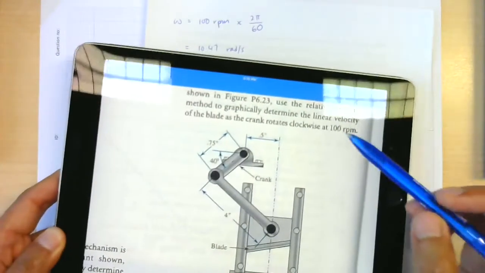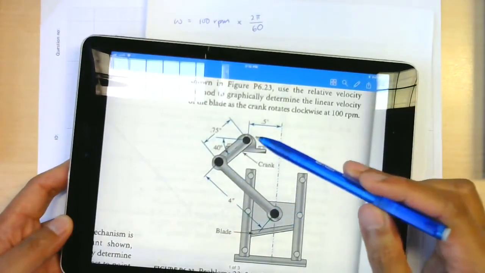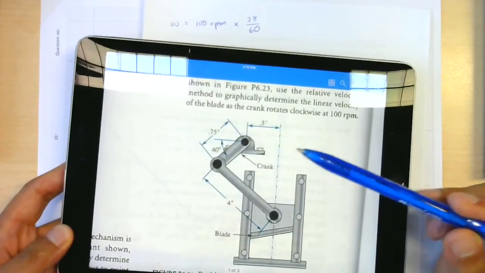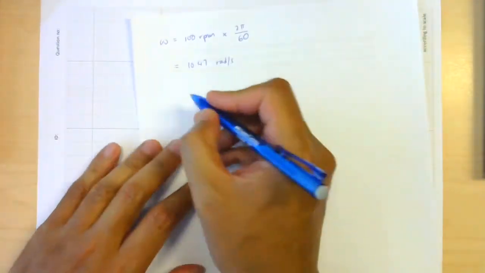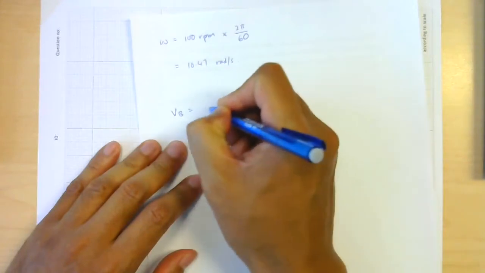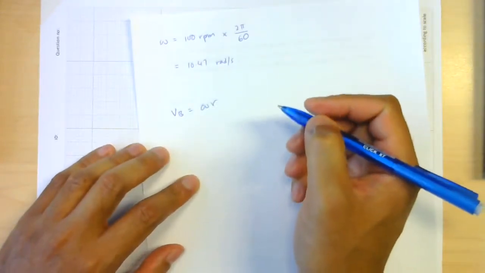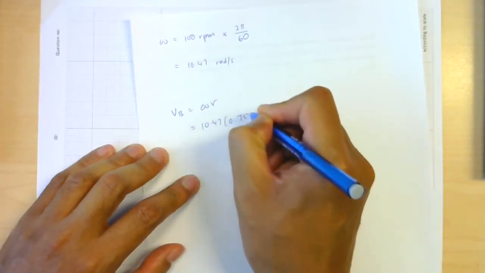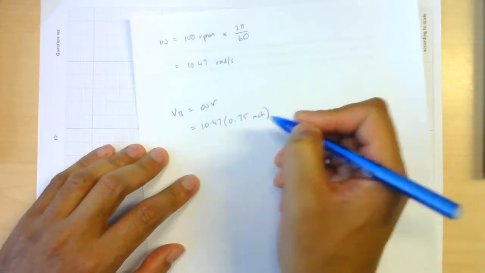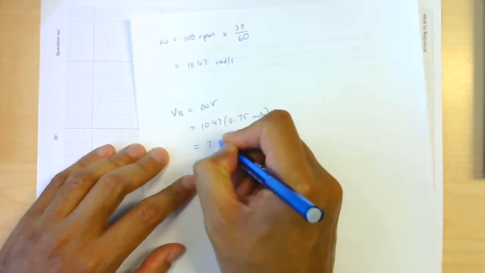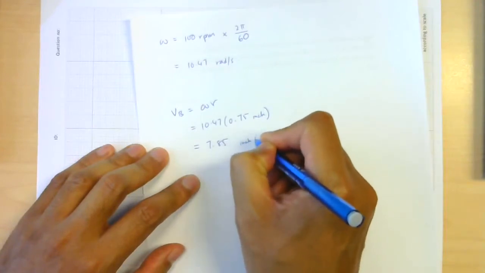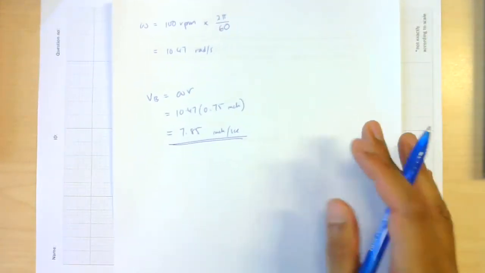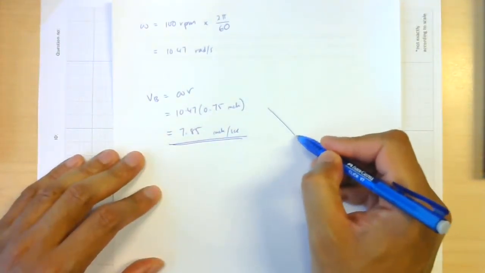So let's say this is A, B, C. So VB, velocity at B, is equal to omega r, which is equal to 10.47 times 0.75 inch, so equals 7.85 inch per second.